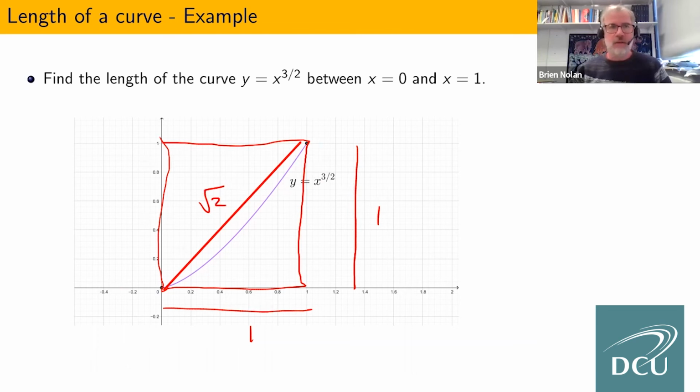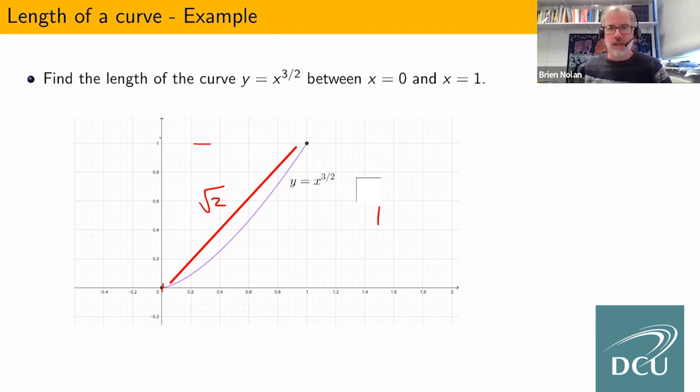And we see the curve, if I get rid of all that extraneous stuff, should be a little bit longer than the square root of 2, which is about 1.4. But it should be a good bit away from 2, which would be the length if we went along the perimeter, so 1 and 1 there.